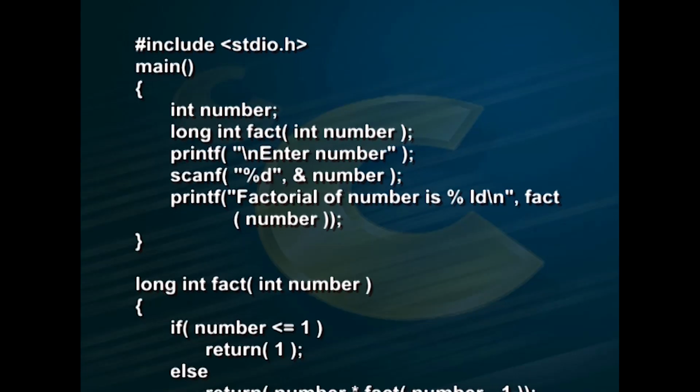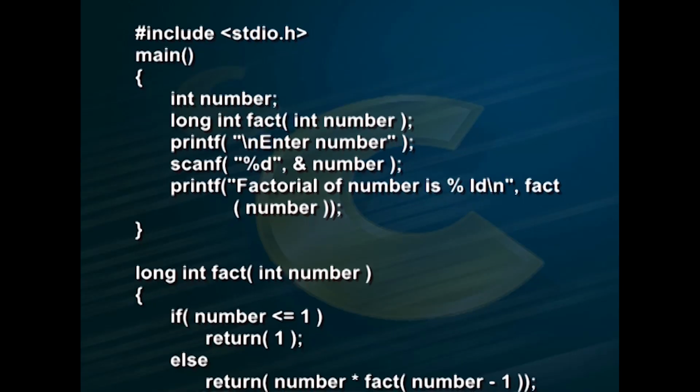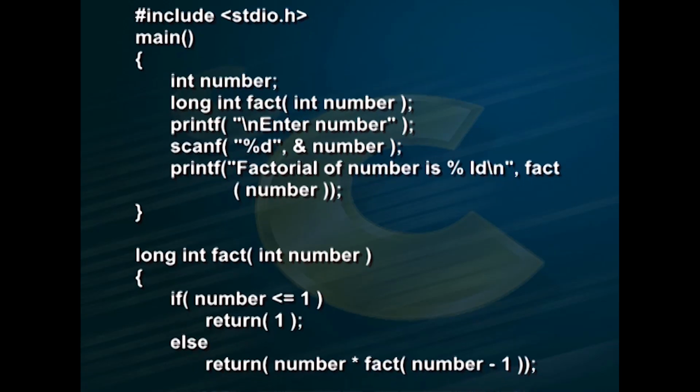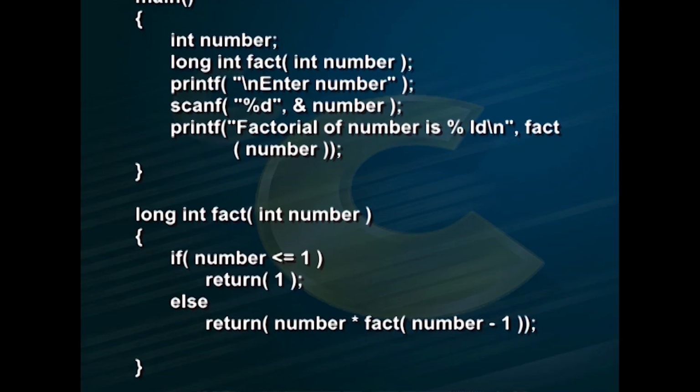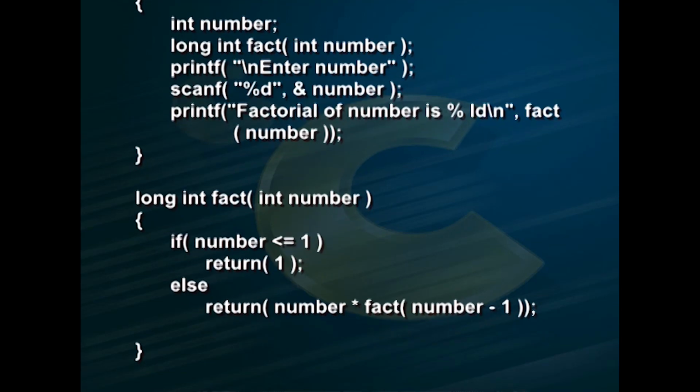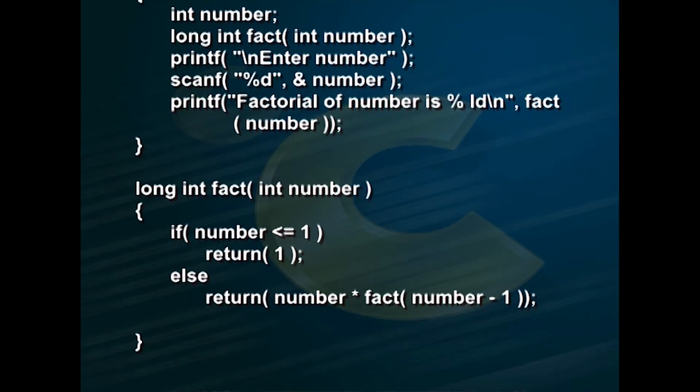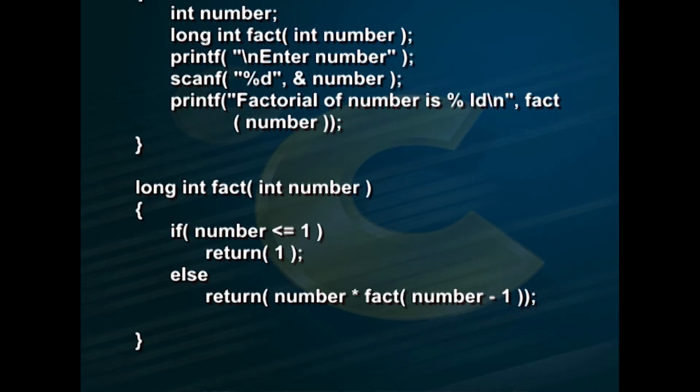In this program, after the main function, we have another function fact. The point to be noted here is that the function fact calls itself recursively with an actual argument n minus 1 that decreases in value for each successive call. The recursive call terminates when the value of the actual argument becomes equal to 1 within the if else conditional statement.